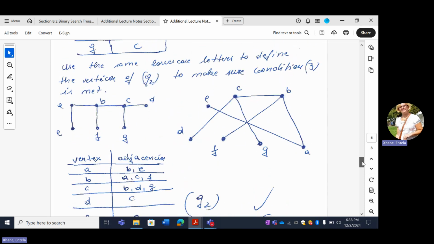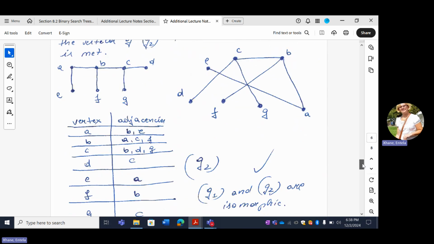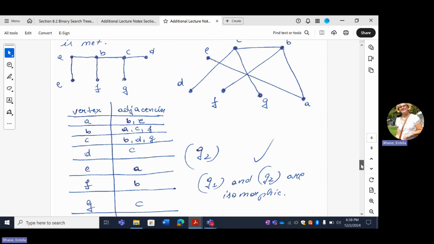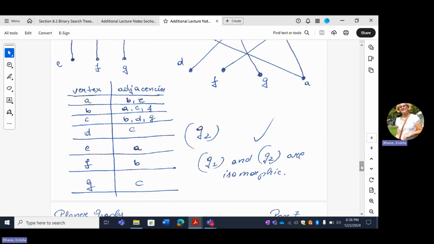A has a connection to E and B. B has a connection to A, C, and F. C has a connection to B, D, and H. D is connected to C, F is connected to B, G is connected to C, and E is connected to A. So therefore, the two graphs share the same adjacency tables, so condition number 3 is satisfied, which exactly means that the graphs are isomorphic.